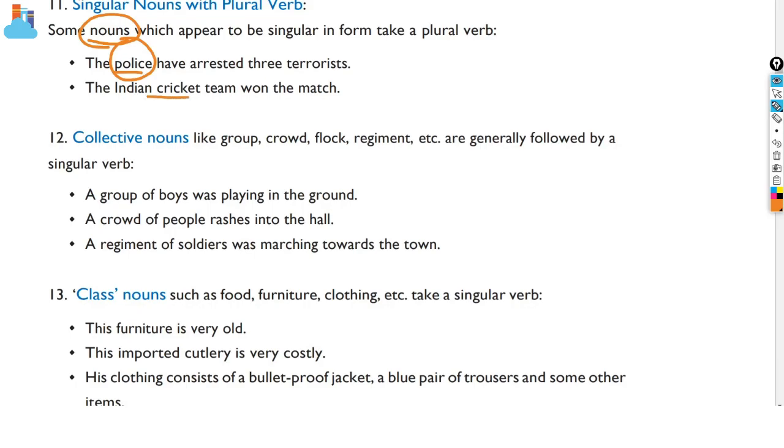The Indian cricket team won the match. This is also plural, even though it appears to be singular, therefore it takes the plural form of the verb.